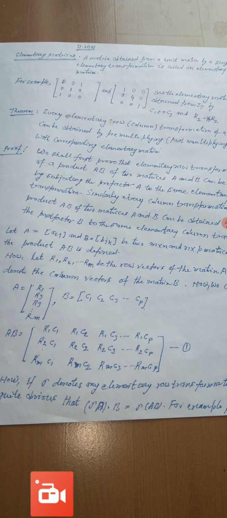A is of order M cross 1 and B is 1 cross P. Now we multiply A and B. We get a matrix with first row R1C1, R1C2, R1C3 and so on up to R1Cp; second row R2C1, R2C2, R2C3 up to R2Cp; similarly RmC1, RmC2, RmC3 and so on up to RmCp.